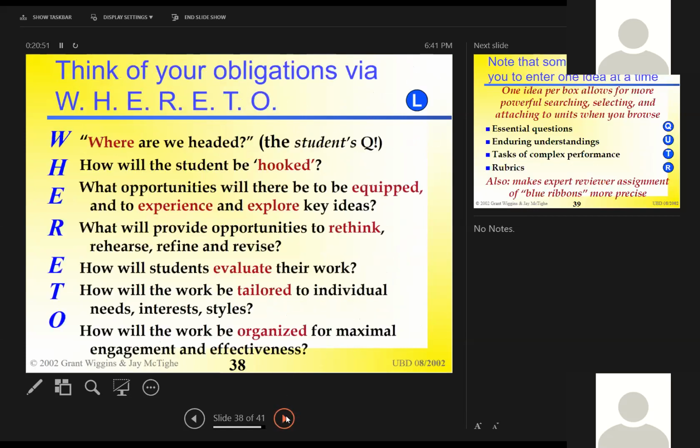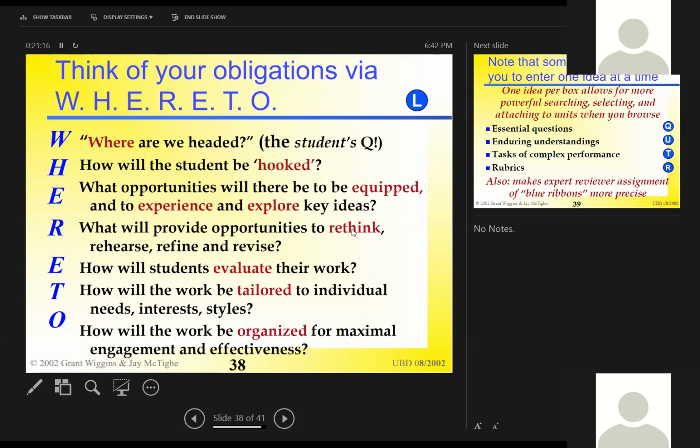For example, you may want to break down your lesson and think about designing instruction around the acronym WHERE. Where are we headed? What is it I want them to know? That's the student's question. How are you going to hook your student? What opportunities are there to experience or explore?